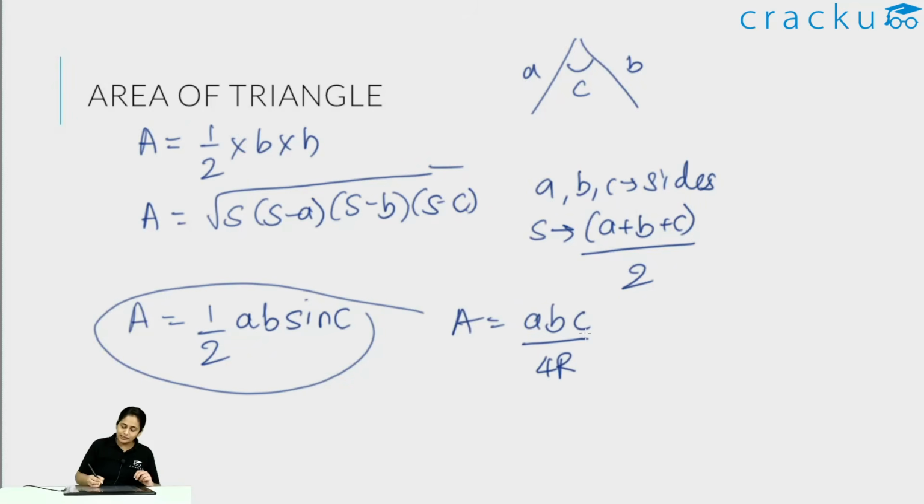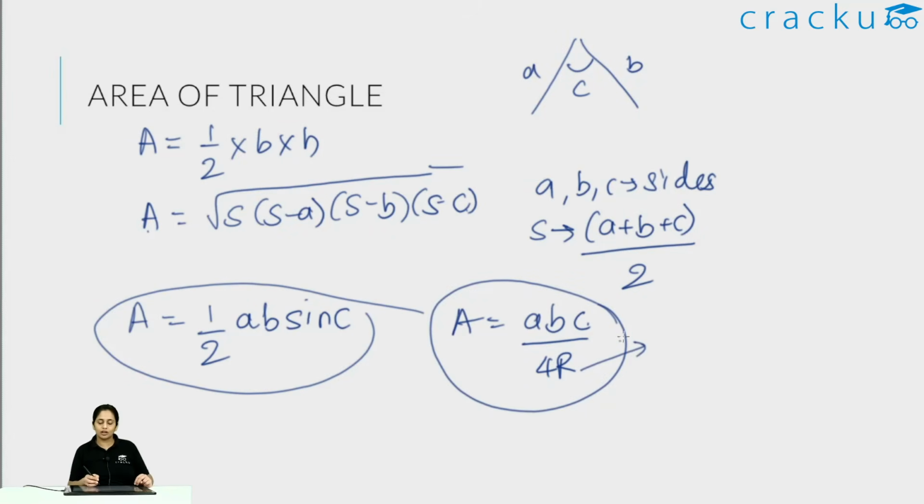Now if you have the lengths of the sides ABC, you can calculate the area using Heron's formula, and then by using this formula you can calculate capital R, which is the circumradius. So this formula is less used for calculating area, and more often used to calculate the circumradius. But this is also an important area formula, to calculate the area using the circumradius.